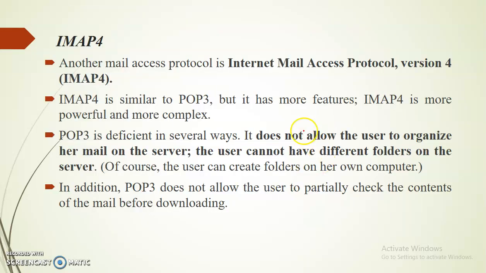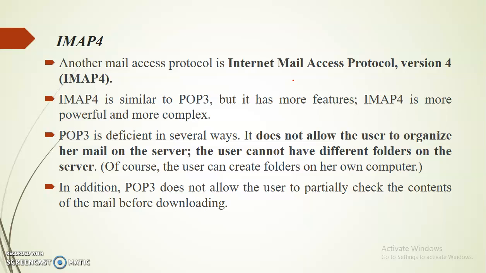The next protocol is the IMAP protocol. IMAP is more powerful than the POP protocol, right. Nowadays IMAP is used. You can all see that you can open your mail at a time on multiple machines. You configure your mail on your phone, and you also have your mailbox on a laptop. This is possible through the IMAP protocol only.